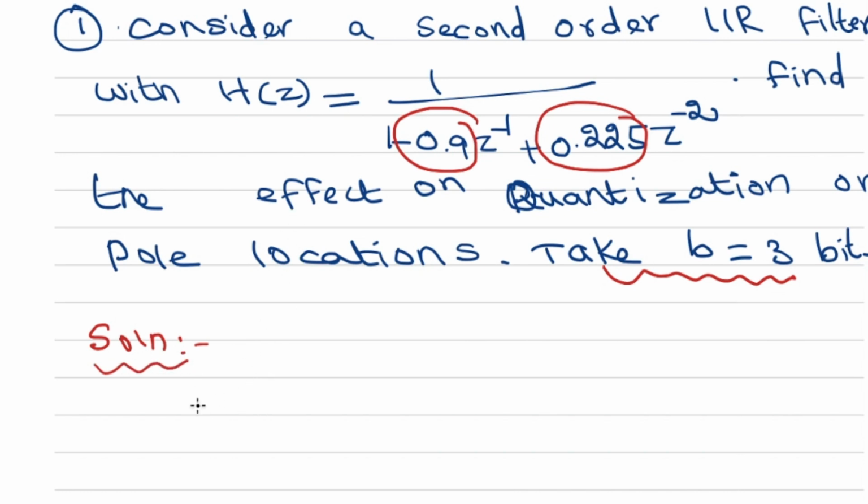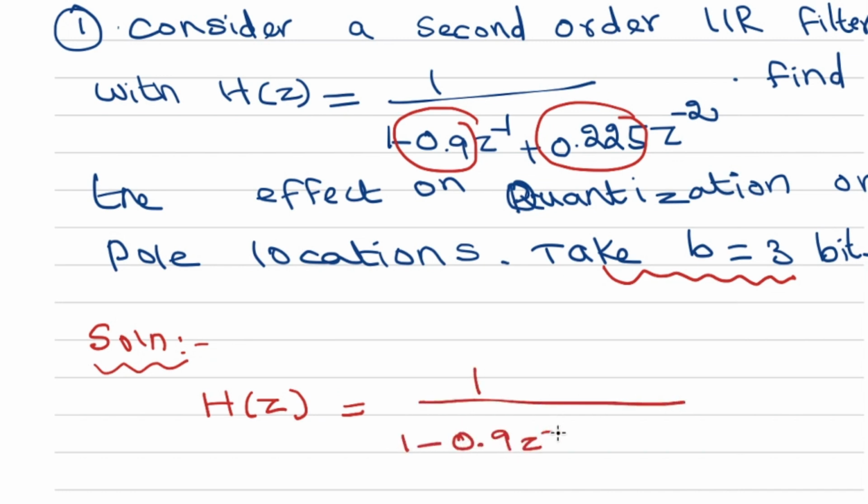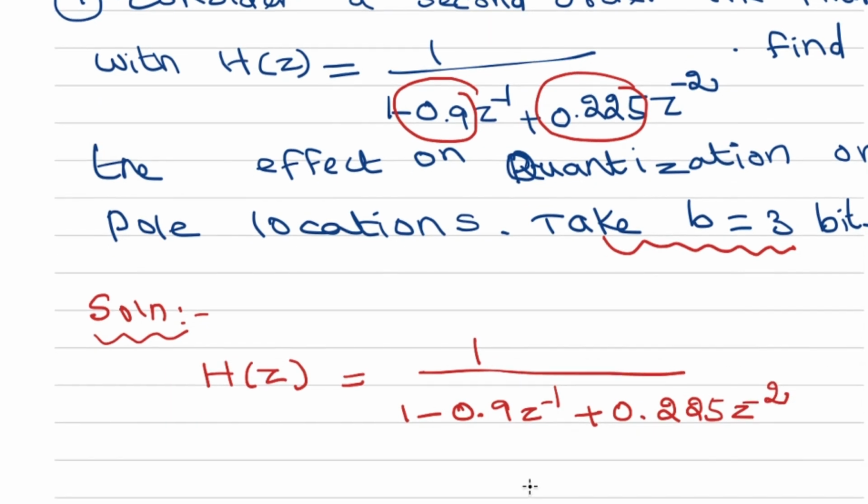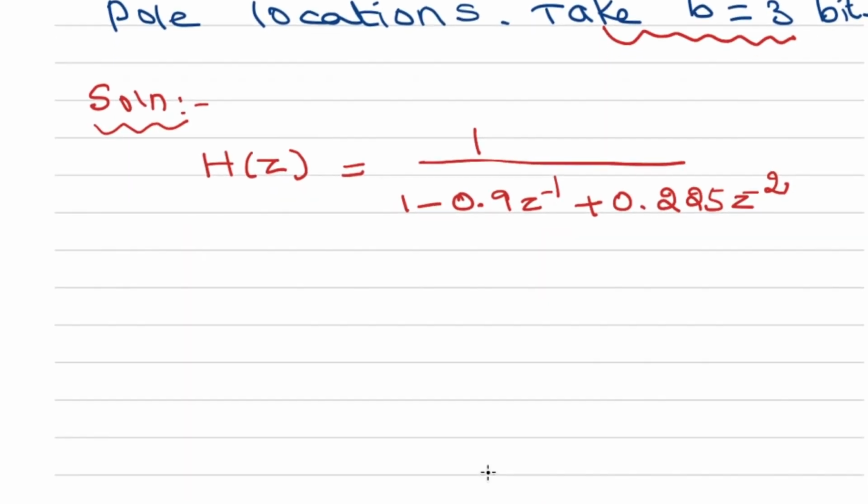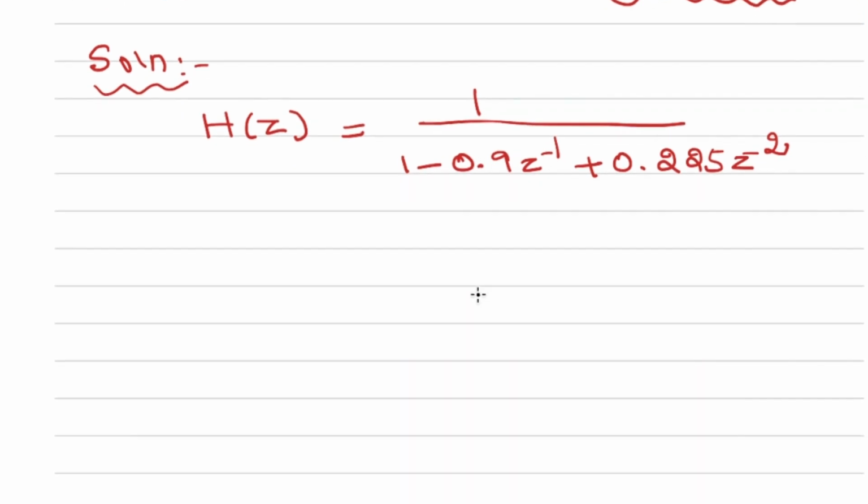The given system function is H of z equal to 1 divided by 1 minus 0.9 z inverse plus 0.225 z power minus 2. First of all, we need to convert the coefficients to binary.